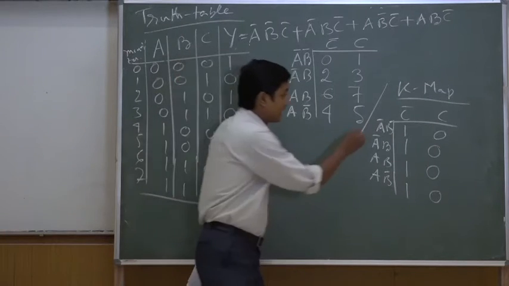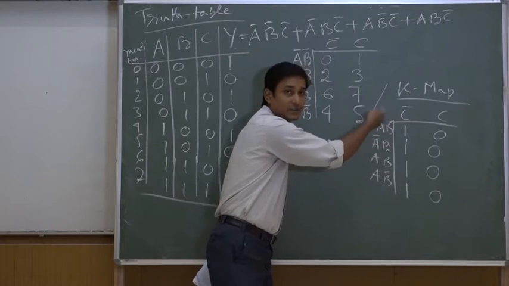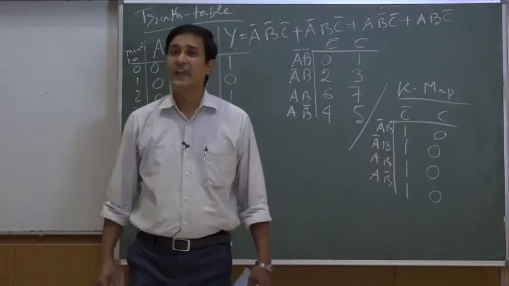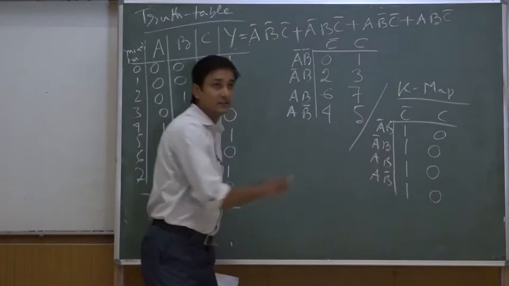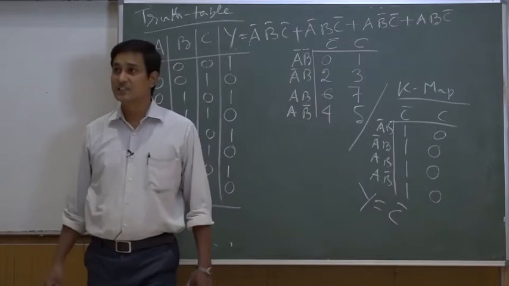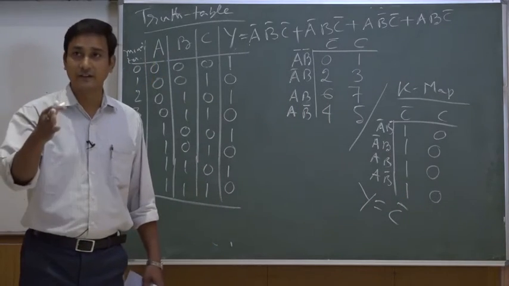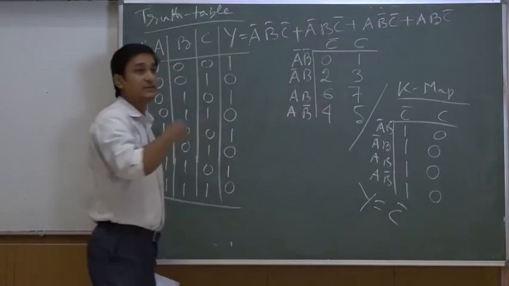See here, if it is C bar, it does not matter what the combination of A and B is, because all are present here. So the output can be written as C bar, which you did in the last class for minimizing by taking C bar common and like that.